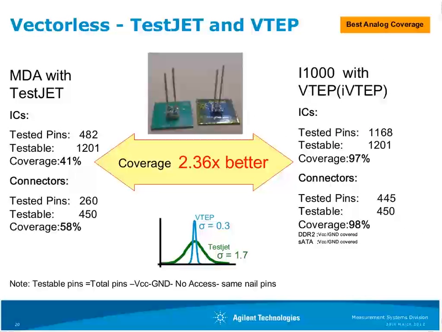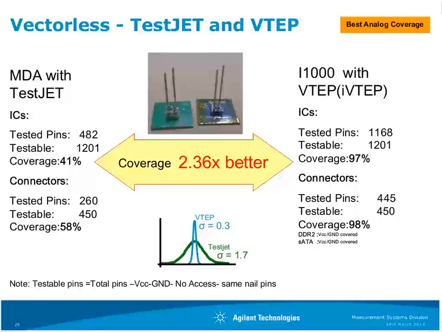So let's look at a TestJet versus VTEP comparison. Typically, the coverage was over 2.3 times better in this particular example. We were able to test nearly all of the device, covering 97% of this IC, compared to 41% with TestJet.